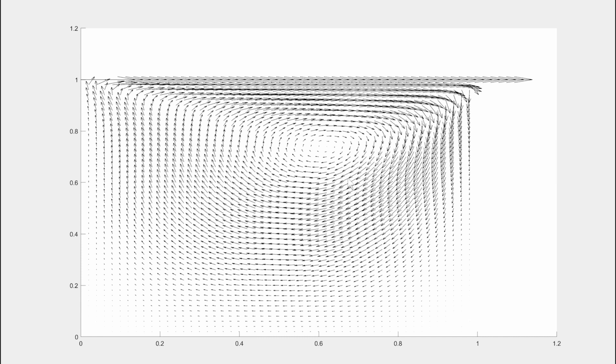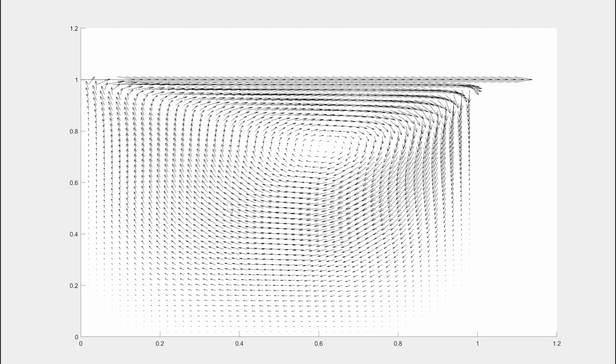But the most noteworthy feature of the lid-driven cavity problem is the presence of these vortices. Because of the presence of walls, we are surrounded by the fluid, and because of the lid motion, these vortices are generated inside the flow field, and we can see a large vortex present at the center of the cavity.